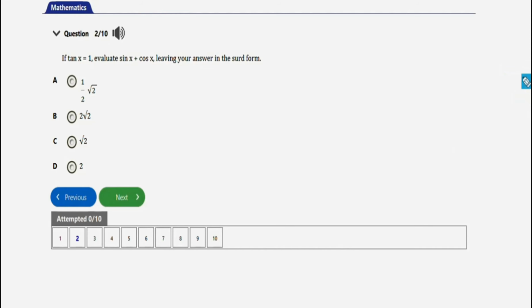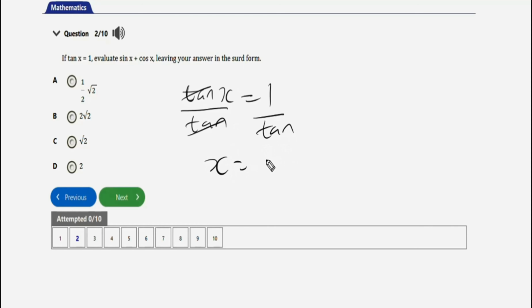Okay, so if you want to solve it manually, we have tan x equals 1. To make x the subject, divide both sides by tan. As you can see, x will now be 1 over tan, or tan inverse of 1.